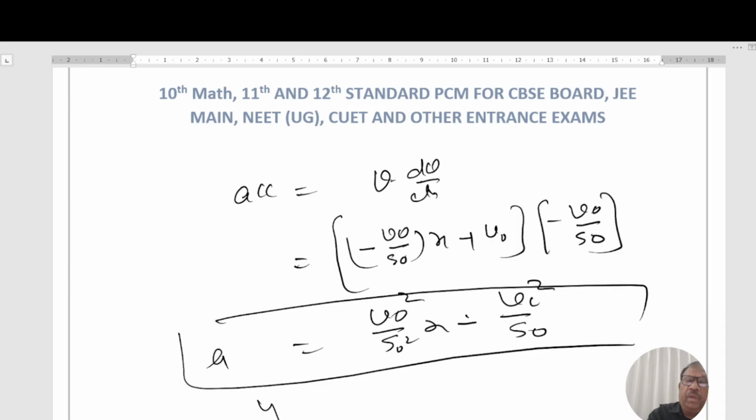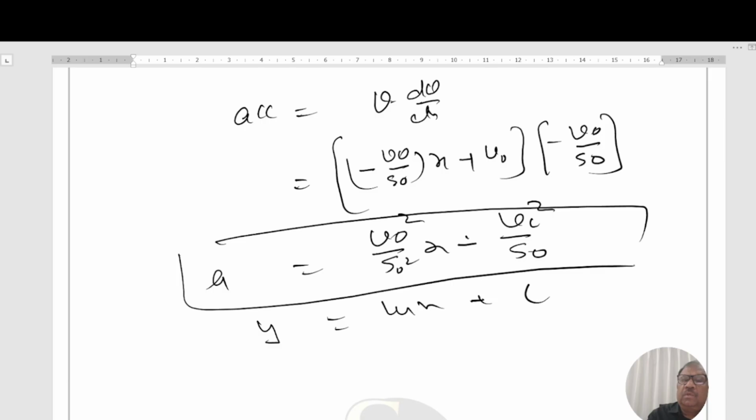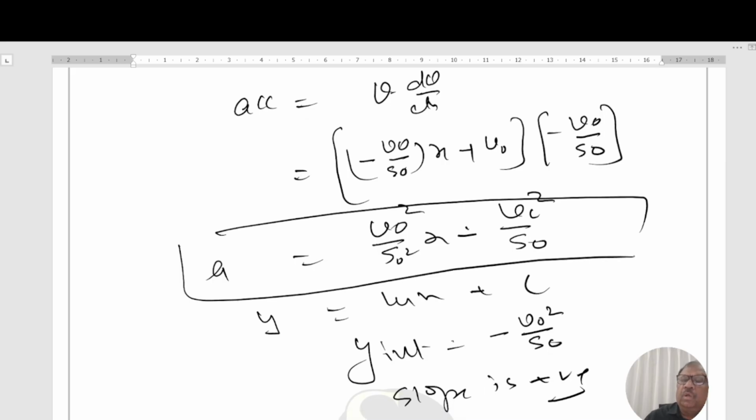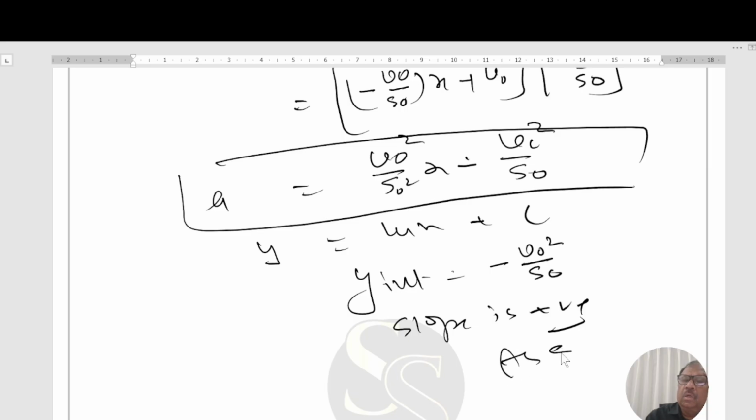If we compare with y equal to mx plus c, in this case the y-intercept is minus v naught square upon x naught. The slope is positive, as the coefficient of x is positive.